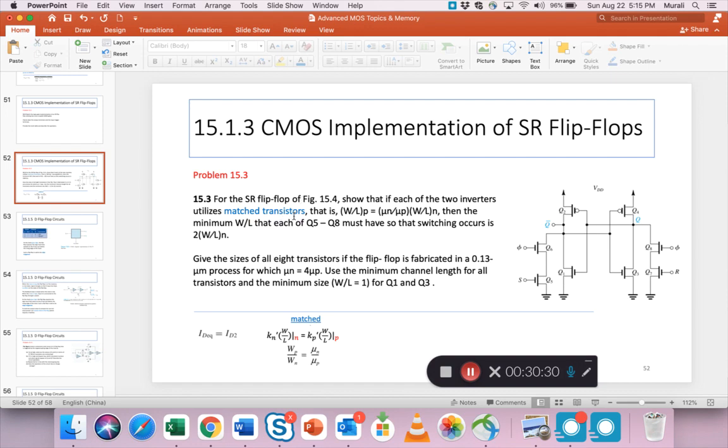But the first part of the problem is actually kind of a derivation. Okay. So the RS flip-flop is still the same. It consists of two inverters. 1 and 2 is one inverter, 3 and 4 is another inverter. We have the S and phi going in through an AND condition. Similarly, the R and phi, the clock, is going through another AND condition.